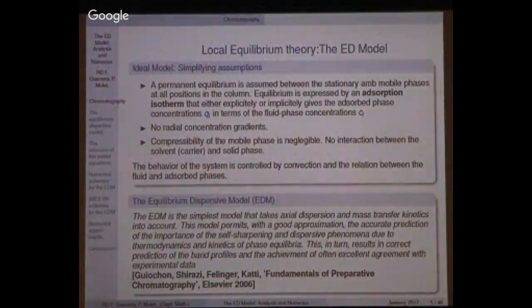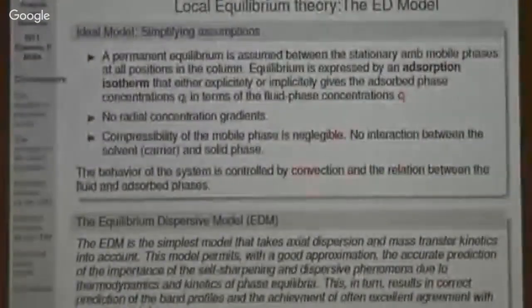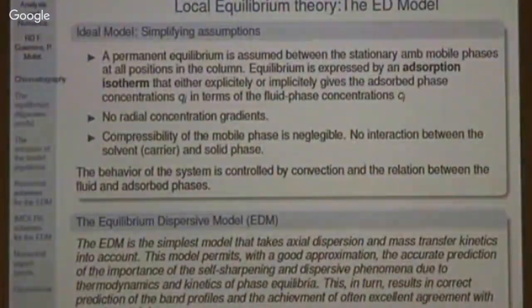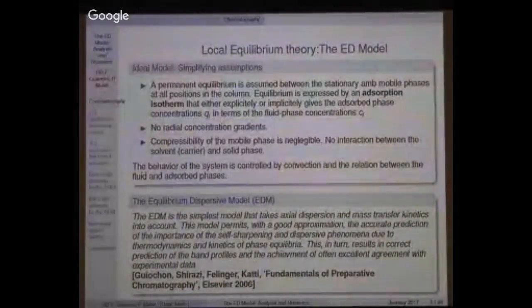Here I collected a sentence from some of the people. This is a book, Fundamentals of Preparative Chromatography. Guiochon and collaborators are some of the people that have worked a lot on the mathematical side also, even though they're chemical engineers, okay? And here's what they say about the equilibrium dispersive model. So it's the simplest model that takes actual dispersion.